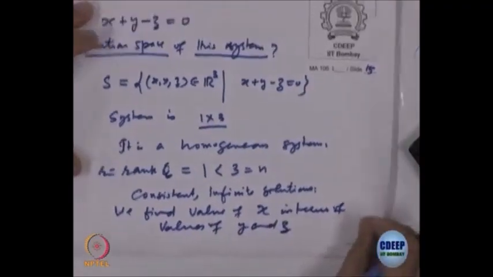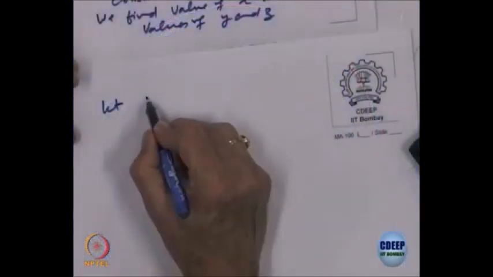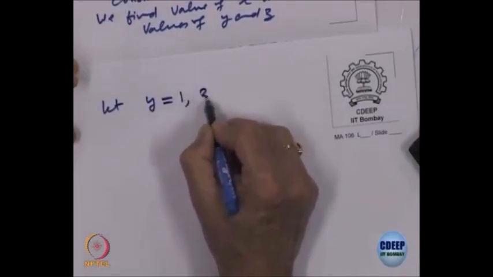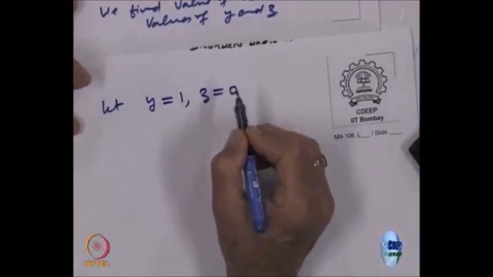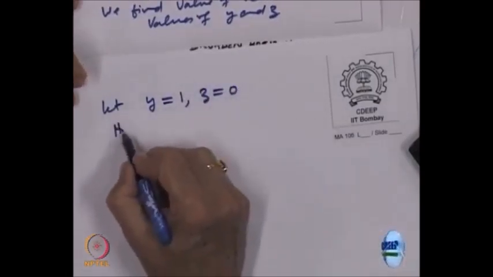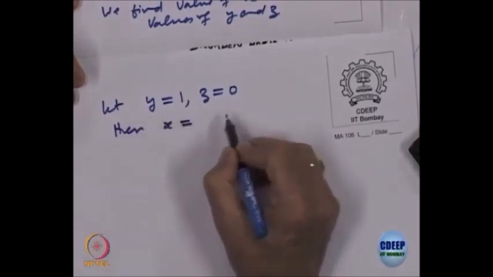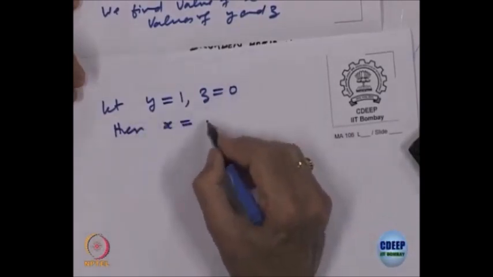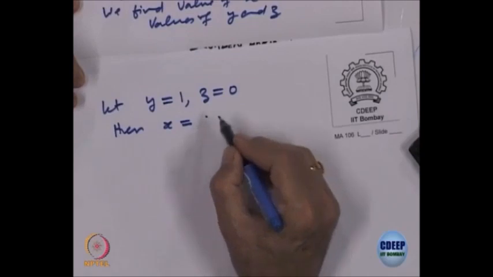So, let us do that. Let us put arbitrary values. Let y be equal to 1, z be equal to 0. Then what is x? x is equal to 1 minus 1.